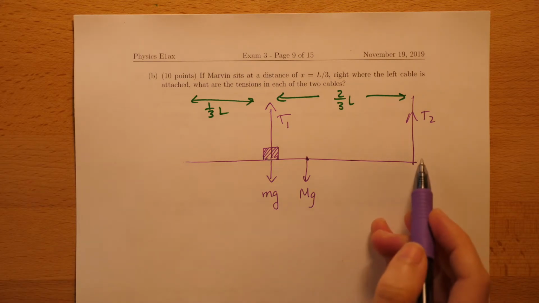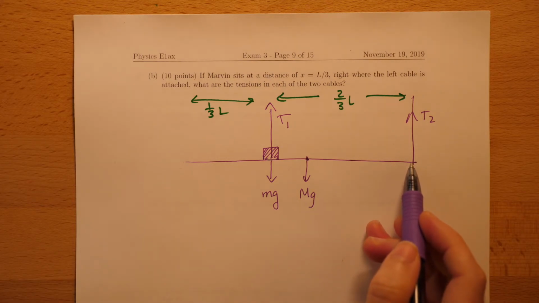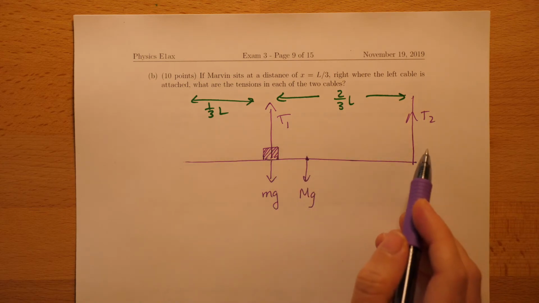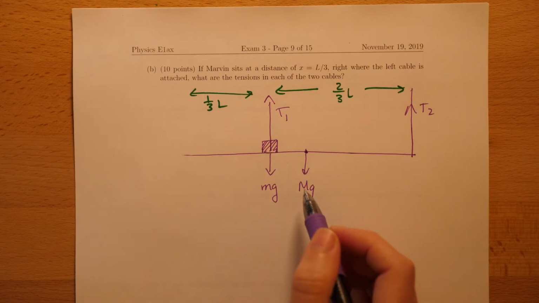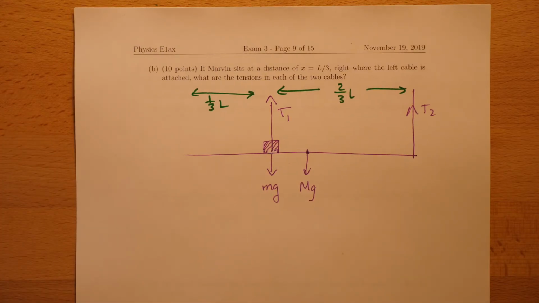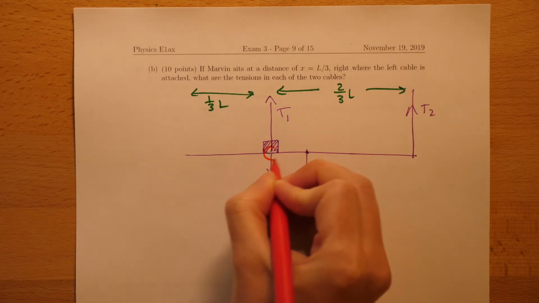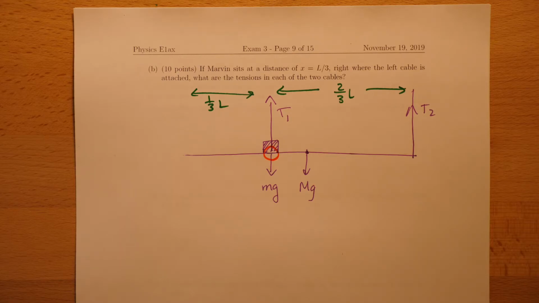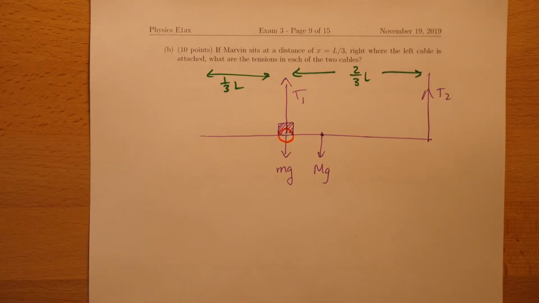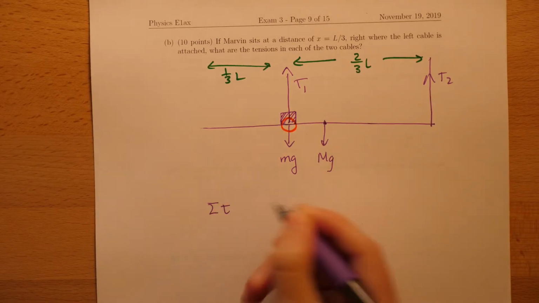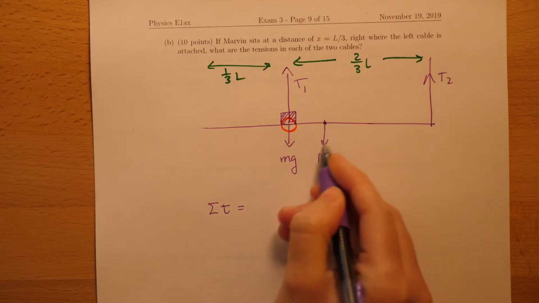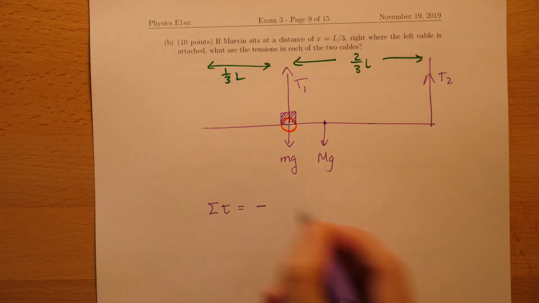So let's first solve for T2. I don't know what T1 is, and I don't know what T2 is. So if I'm going to solve for T2, maybe I'll put my pivot at T1, so then T1 doesn't show up in my equation, and let's see if it's solvable. If we sum the torque around our pivot, this is a negative torque.